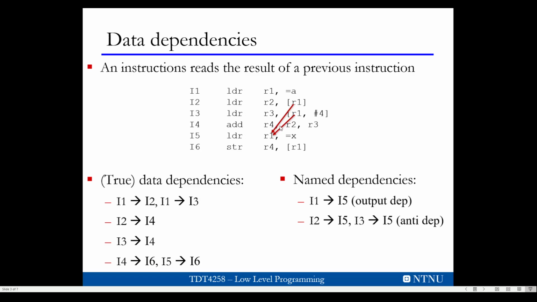This happens when, by reordering the instructions, you try to overwrite a register which hasn't yet been read by one of the instructions. So this time, again, there is no data movement between instructions. I2 is not writing to something which is read by I5. However, it's the other way around. If you execute I5 first, I5 will be writing to a register which is later needed by I2.